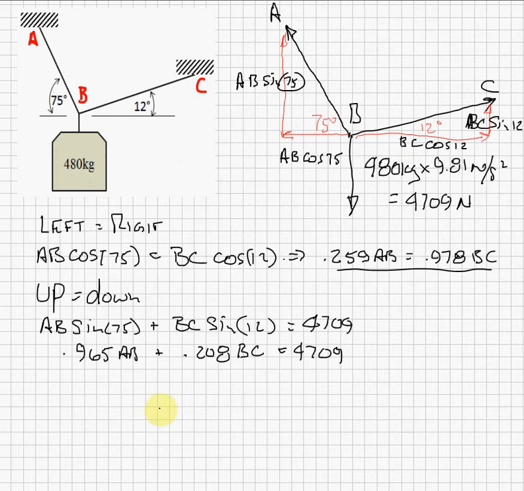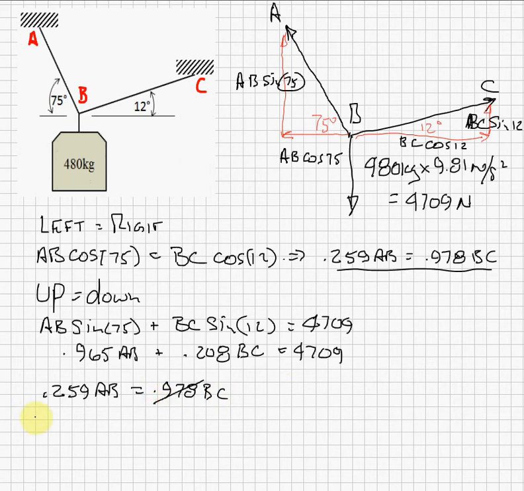And so the first thing I'm going to do, let's say we're going to solve for AB first. So what I'm going to use is the horizontal equation to get BC as a function of AB. And so that's pretty easy because I can just say 0.259 AB equals 0.978 BC.